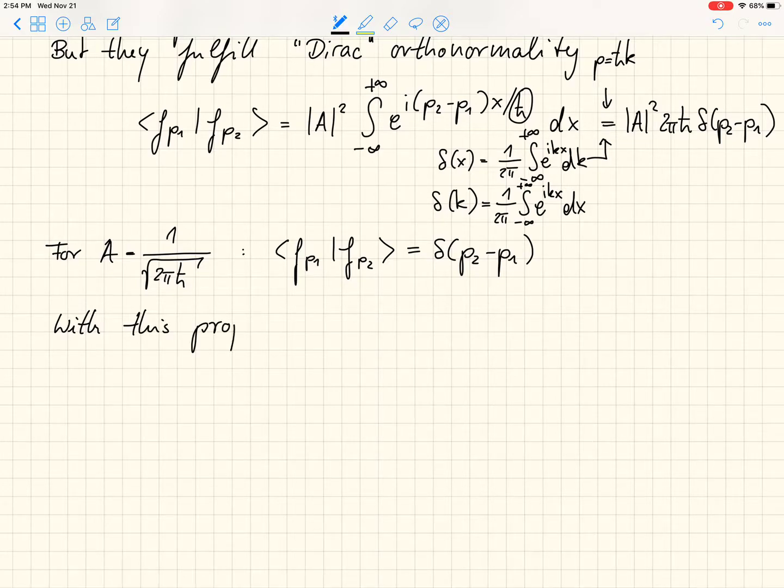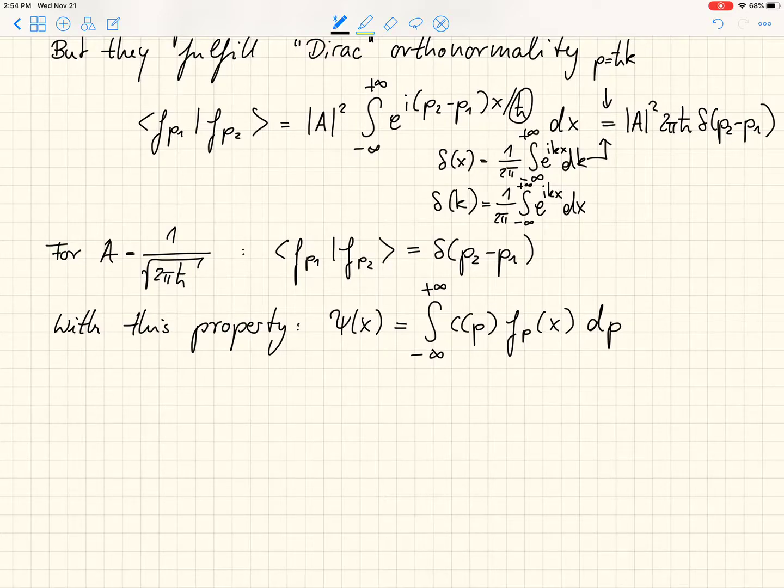With this property, we can write any psi of x, any real space function. We know this from Fourier transforms, that this property guarantees that we can actually write any real space function in this form, or in our new notation, of course, we would write it like this.